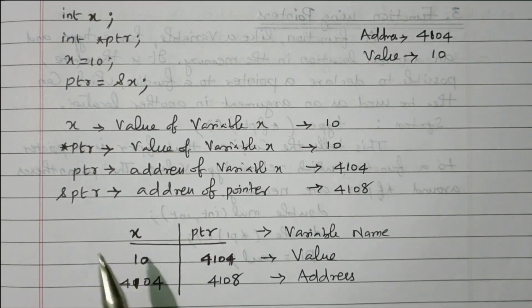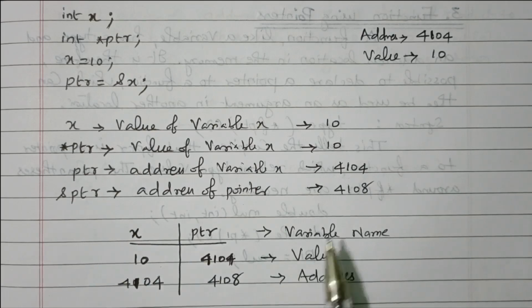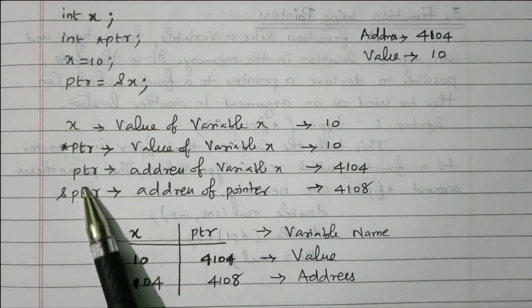Address of pointer means where this 4104 is stored, in 4108. So it will give 4108, right? So we can get the value, the address, the content of the address, or the address of the pointer. All these things we can get by referring this.